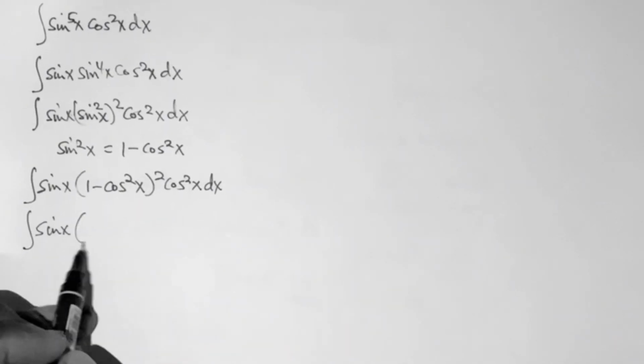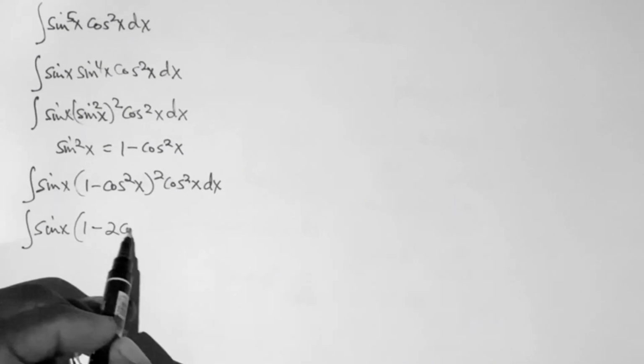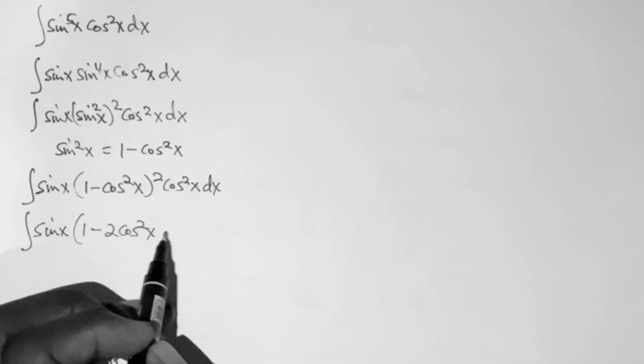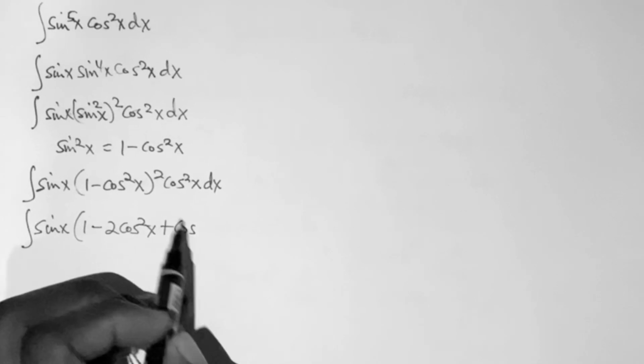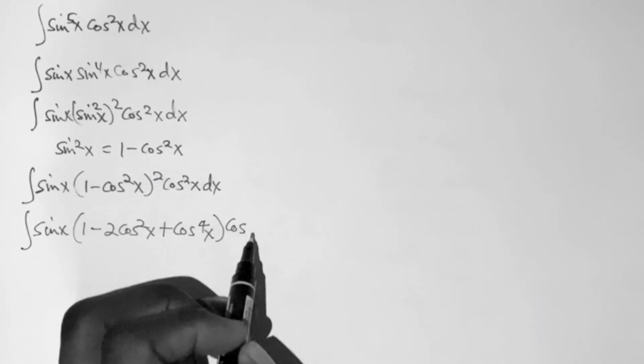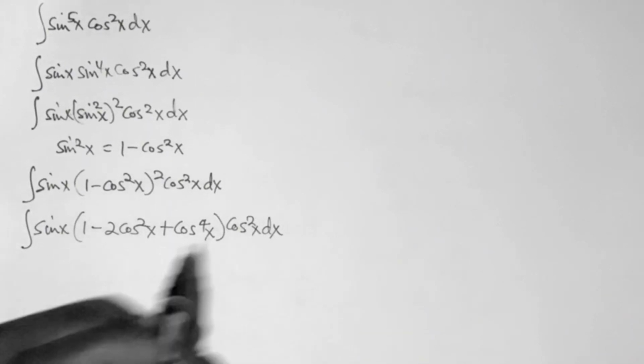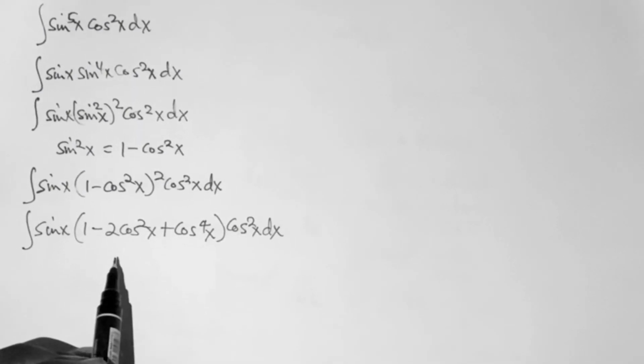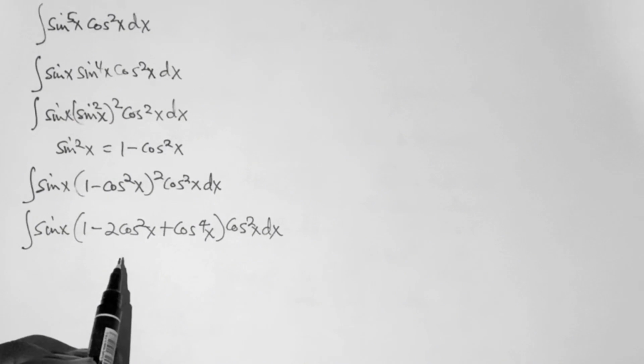This becomes integral of sin x, then (1 minus 2 cos^2 x plus cos^4 x), then times cos^2 x dx. So we can then use this to break the integral into smaller integrals.